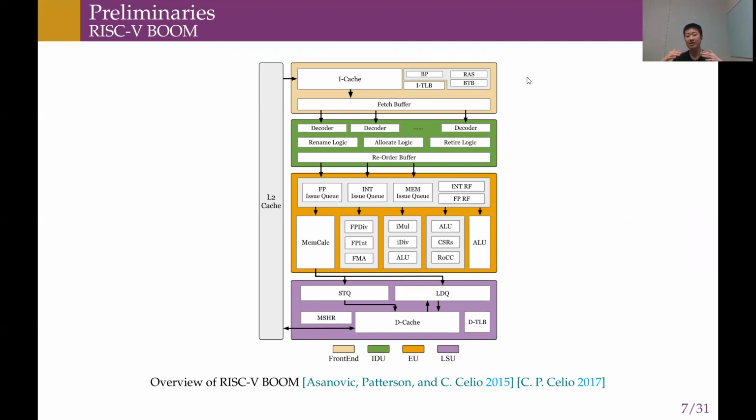And because this is an out-of-order design, it can execute instructions in an out-of-order manner, so it has a reorder buffer. And in the execution units, it has different issue slots. And if some instructions interact with the D-cache, there's an ISU and 2 queues that couple the EU and LSU, that is STQ and LDQ, which is short for store queue and load queue.